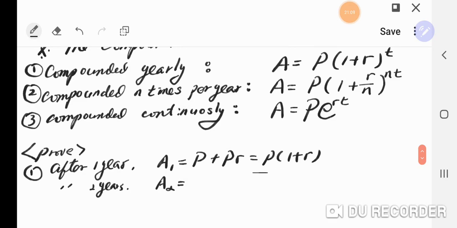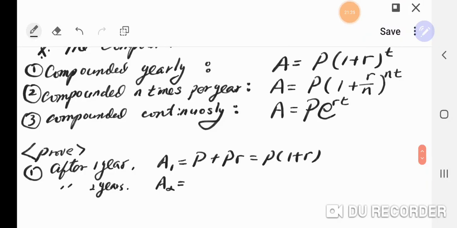We will multiply the previous amount by 1 plus R each year.